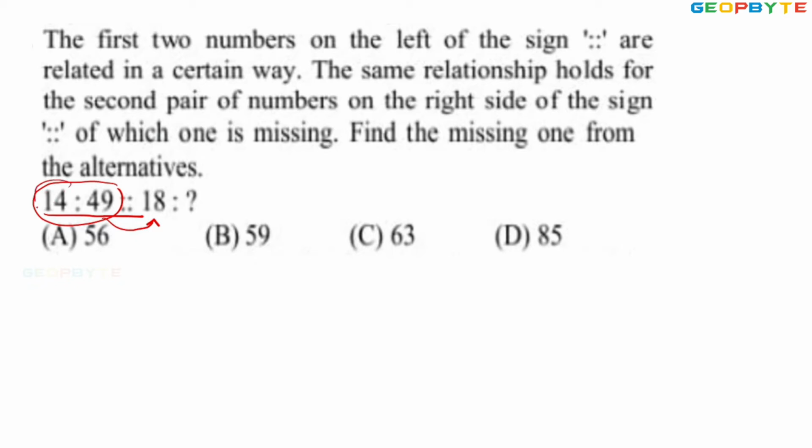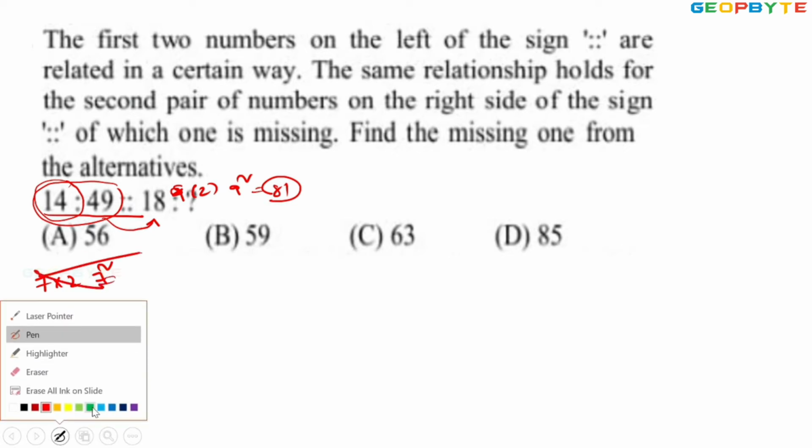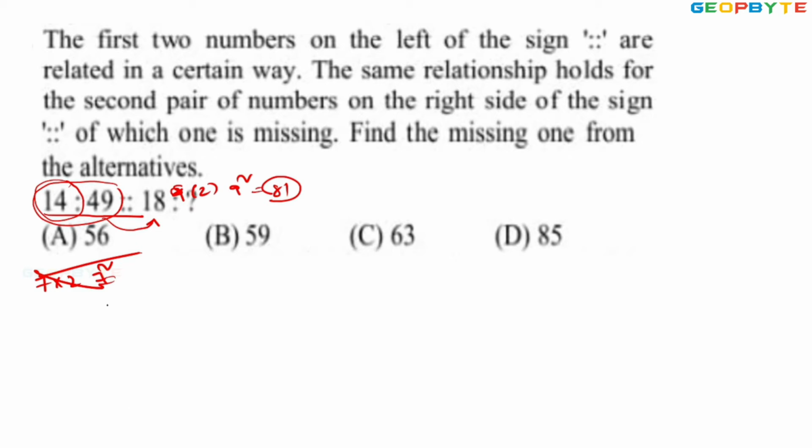Suppose 14, my logic first of all: 7 into 2 is 14, next 7 square. Suppose here 9 into 2 is 18, 9 square, answer 81. You can see the options. There is no such option, so you can go to another logic. This one is wrong.